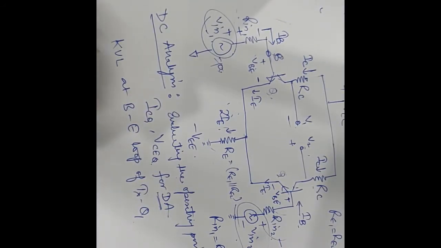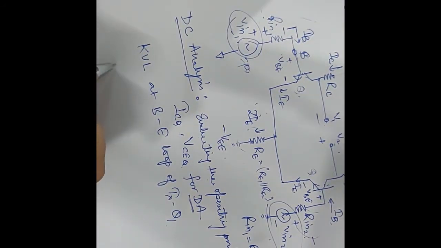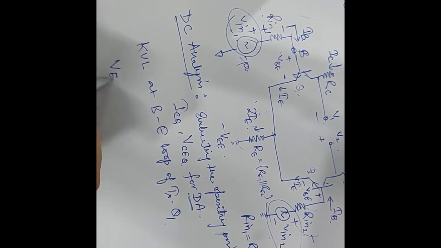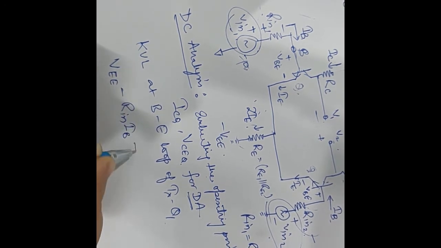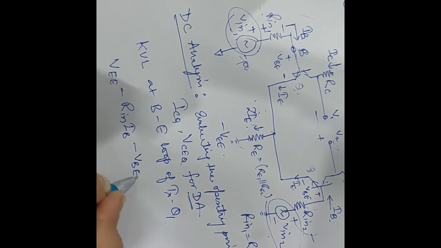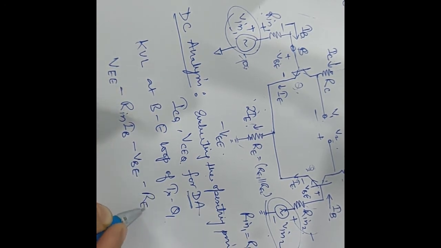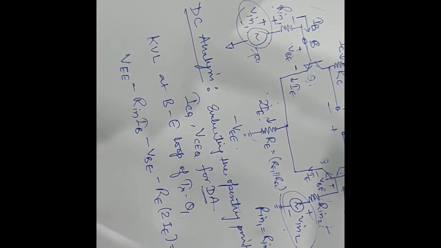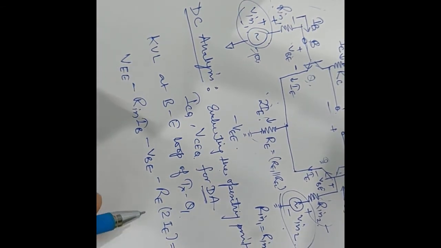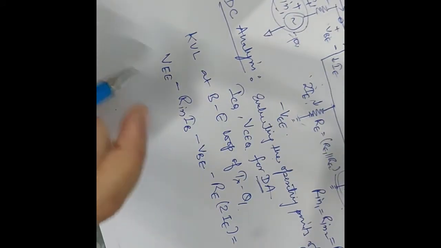So I'll get the equation: VEE minus RN IB minus VBE minus RE times twice of IE equals 0. Right? So this is the first equation that I have got by applying a KVL at the base emitter section.